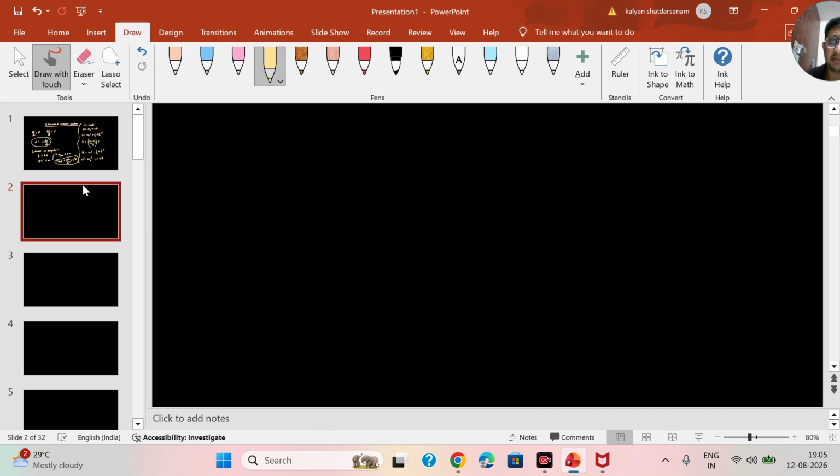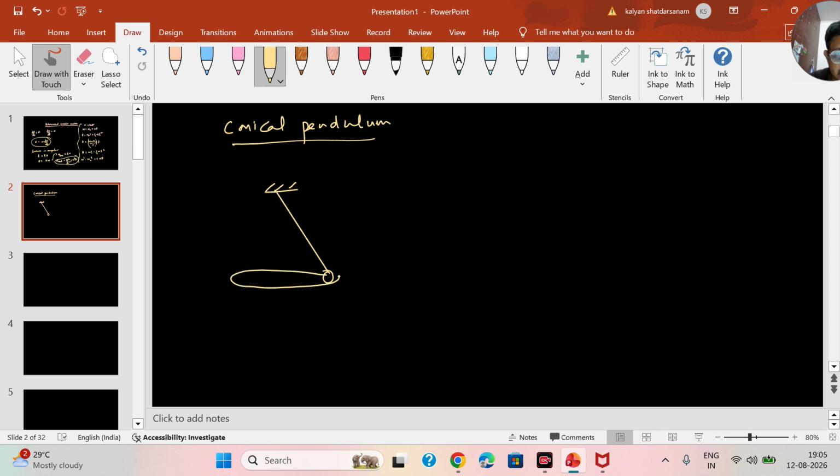So then we saw the applications of this angular kinematics and the circular motion. One was the conical pendulum. Just very briefly, I will revise this. In the conical pendulum, you take a stone and rotate it as if it's going in a cone like this.